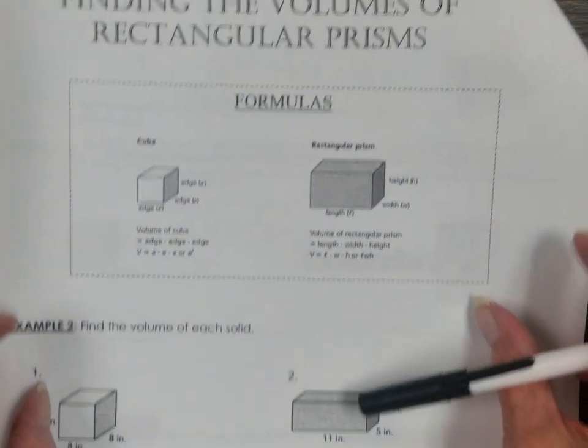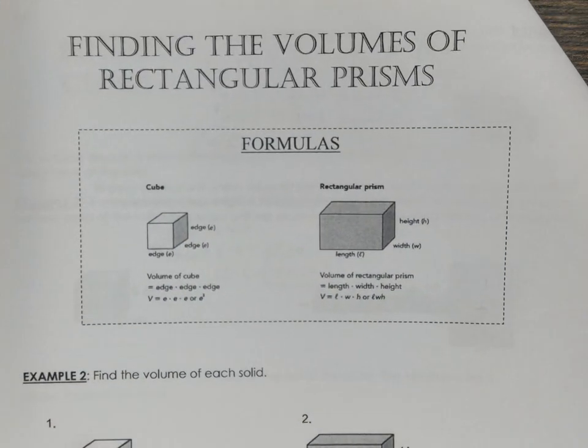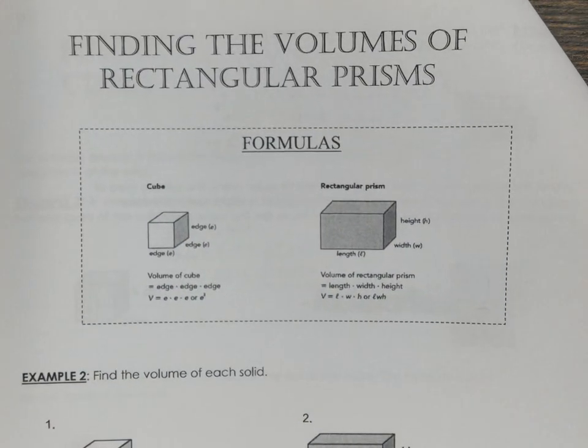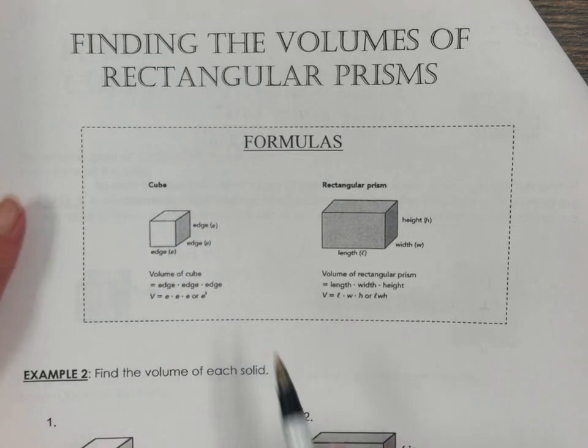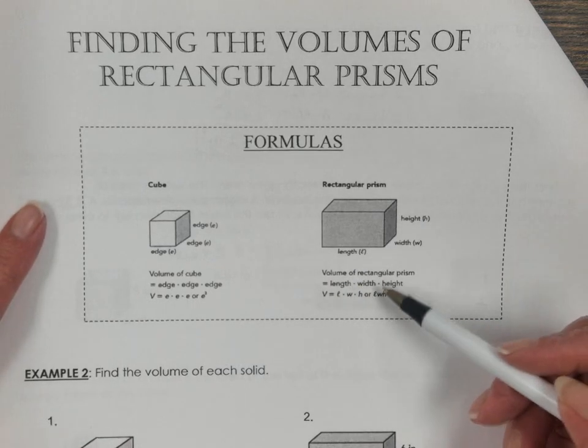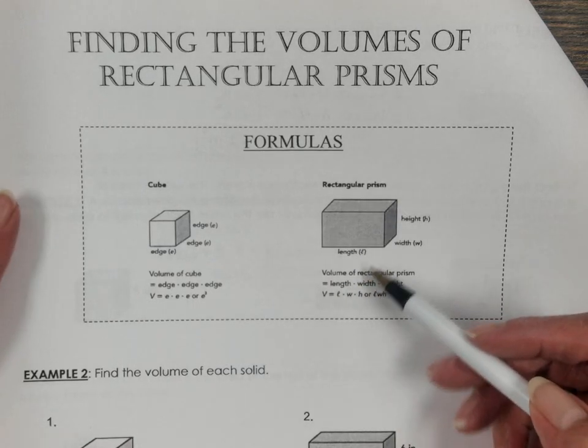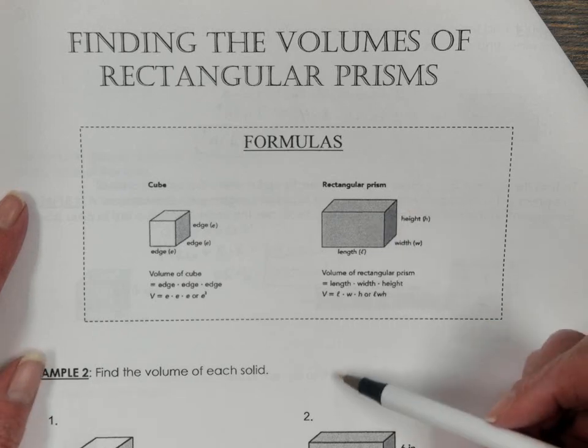So turning the page again, now let's talk about volume. Volume is the amount that a three-dimensional figure will hold if it's an empty box and I pour water into it, or sand, or whatever. So a cube is a three-dimensional square, and a rectangular prism is a three-dimensional set of rectangles, believe it or not.